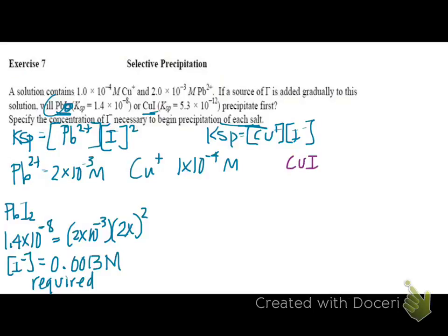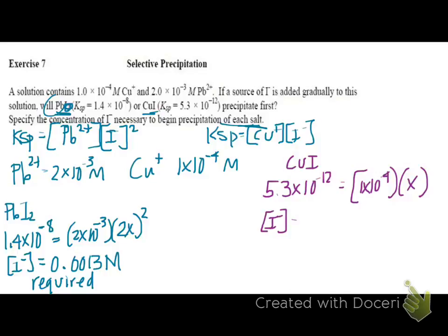Same concept. We've got 5.3 times 10 to the negative 2 is equal to the value it gave us of 1 times 10 to the negative 4, times x. When we calculate that, we get that the amount of iodide needed is 5.3 times 10 to the negative 8.